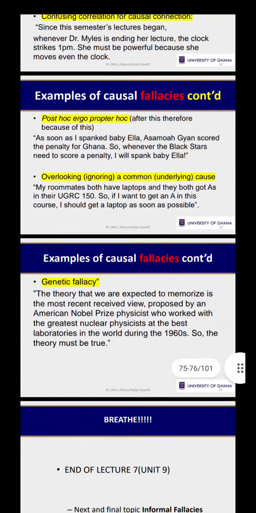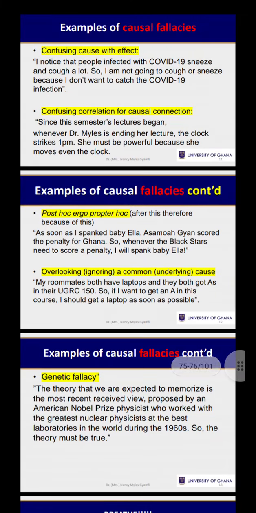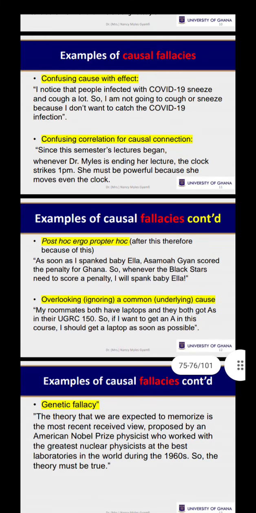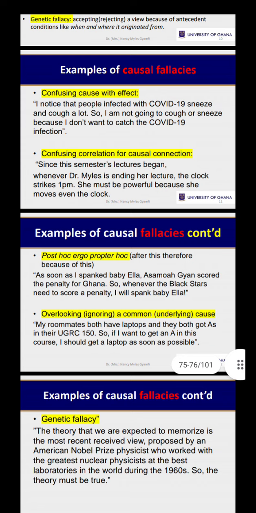An example is: since the semester's lectures began, whenever Dr. Nancy Miles is ending the lecture, the clock strikes 1 p.m. She must be powerful because she even moves the clock. There are two things here. Dr. Nancy always ends her class at 1 o'clock.